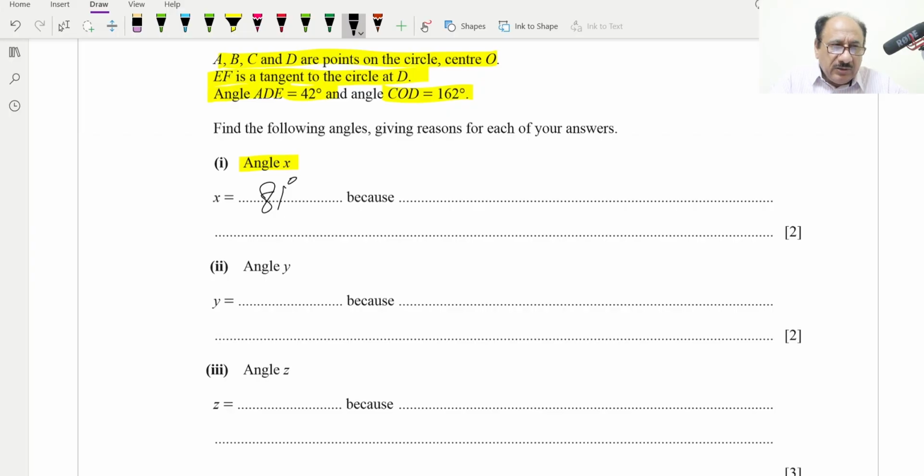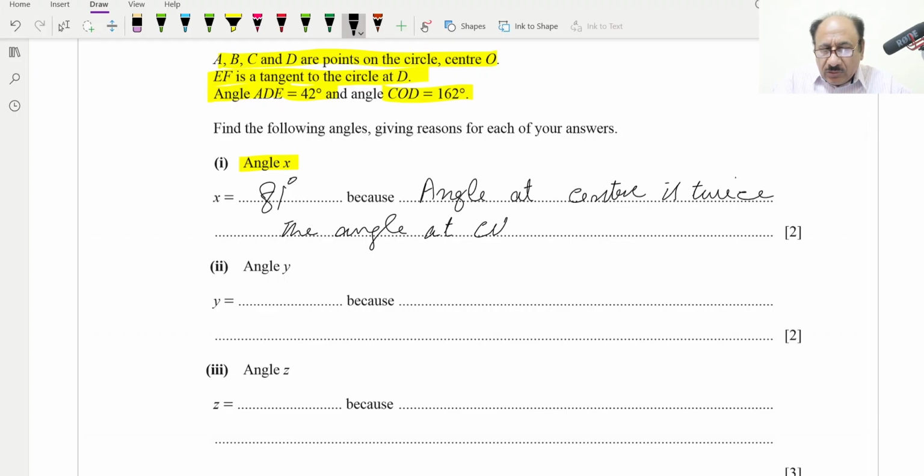Because angle at center is twice the angle at circumference.